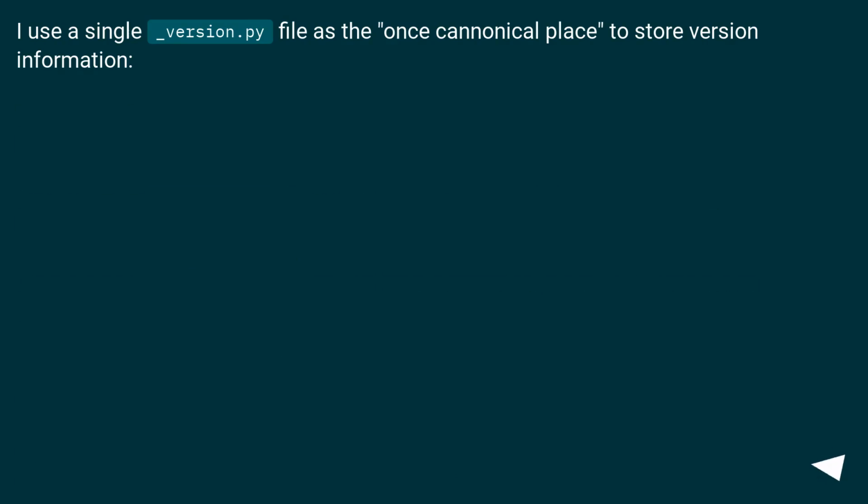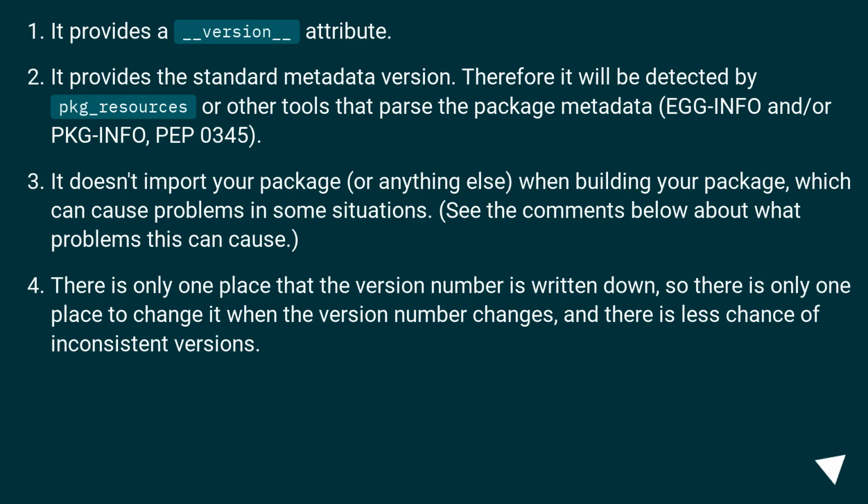I use a single _version.py file as the one canonical place to store version information. It provides a __version__ attribute. It provides the standard metadata version.